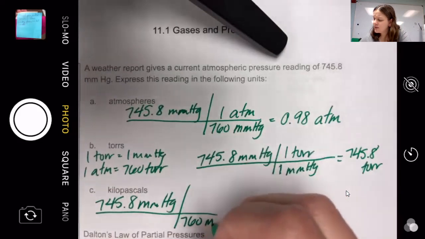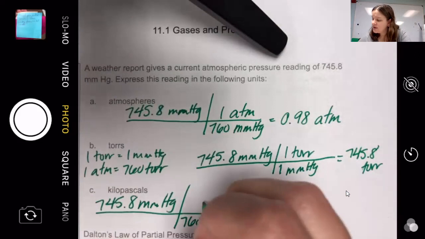There are 760 millimeters of mercury in 1 atmosphere, and then 1 atmosphere is 101.3 kPa.